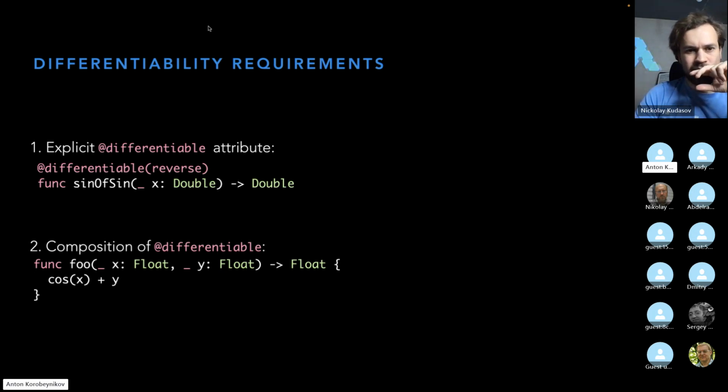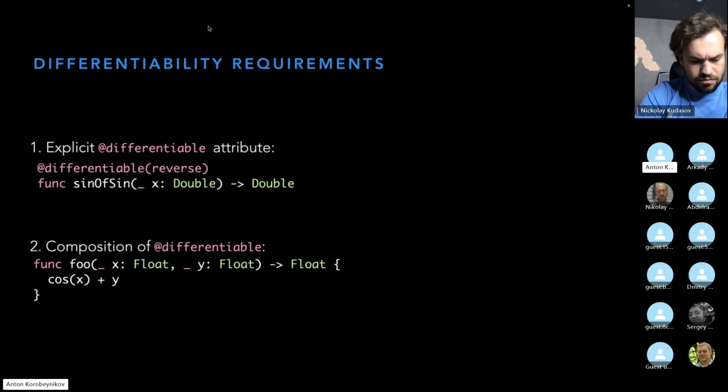The first case is one of the possible cases where we can forward declare: okay, we will provide the derivative somehow. Optionally, we can explicitly provide it and say the derivative for that particular function is implemented here. But essentially the first thing is a promise that it will be somewhere. By this attribute, the compiler understands that the derivative will be provided somewhere.